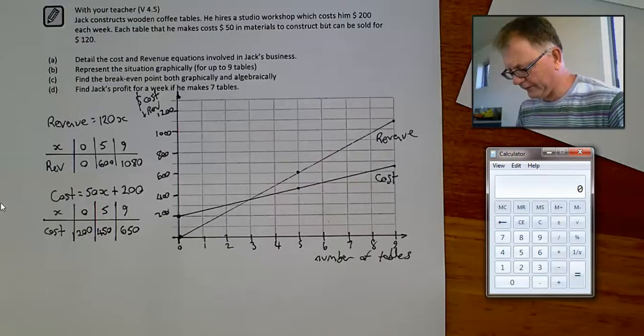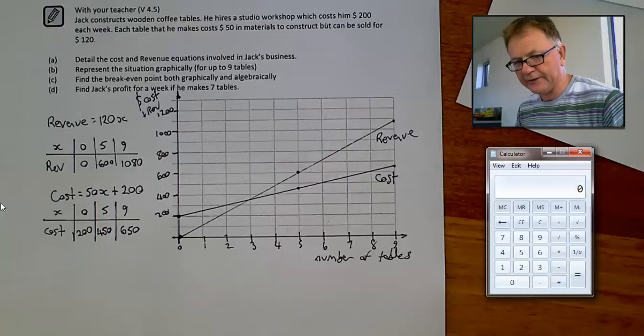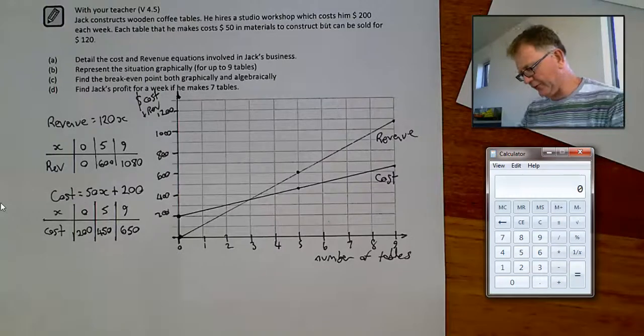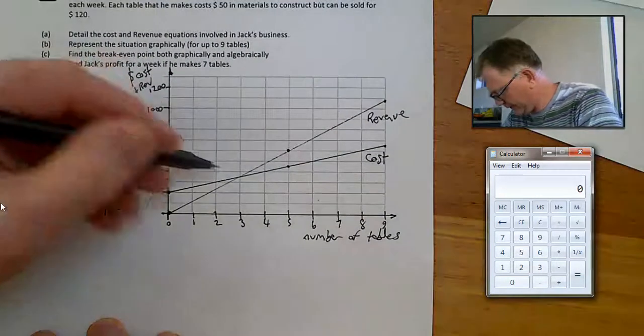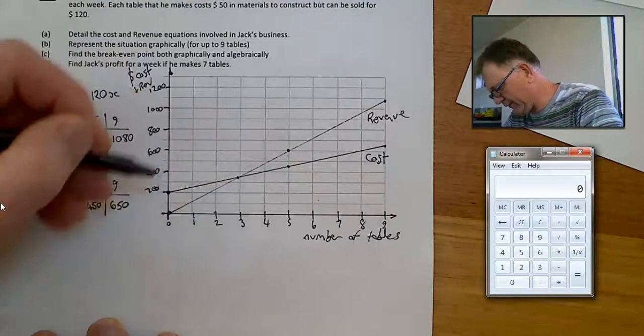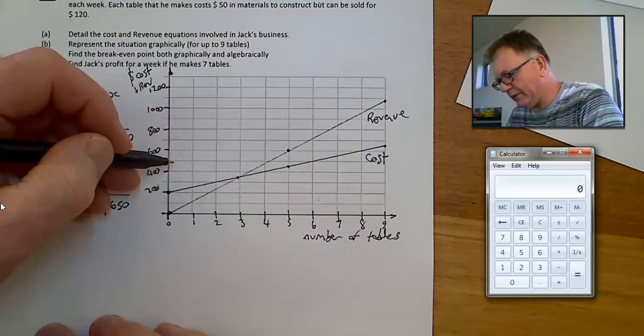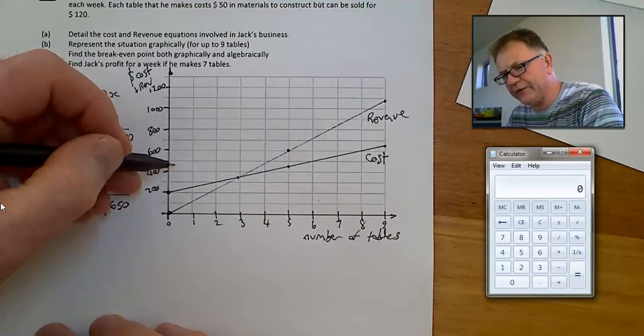Part C of the question says find the break-even point both graphically and algebraically. Now the break-even point is this crossover point of the graph, just there. That's when revenue equals cost. It's when it's costing him as much to produce the tables as he's getting from selling the tables.